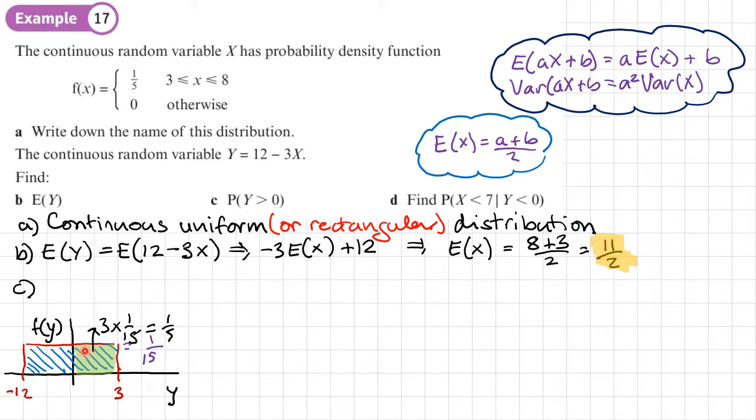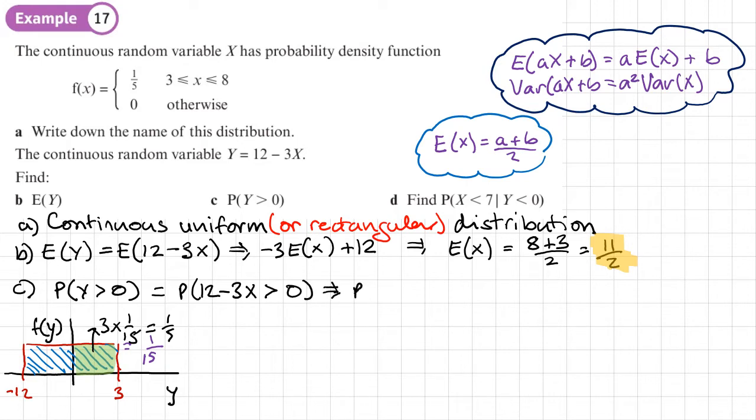So let's see if we get the same answer doing it algebraically. We start by writing the question out, and then we replace y with 12 minus 3x. So this is equal to the probability that 12 minus 3x is greater than 0. We're just going to rearrange that inequality.